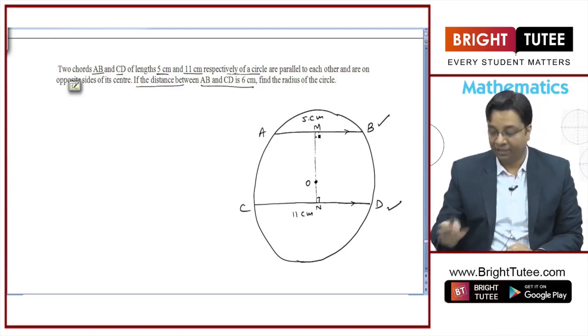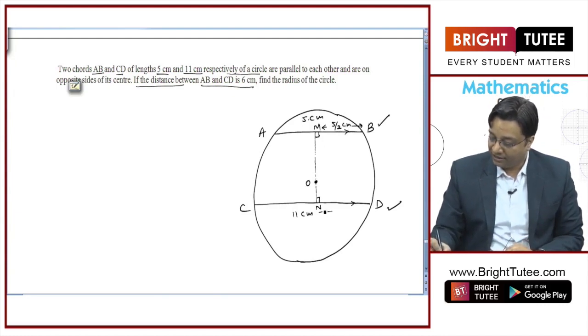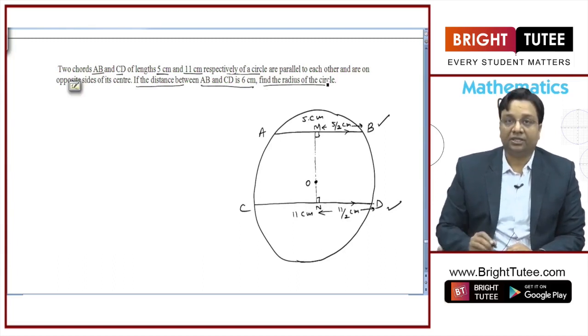OM being the perpendicular on chord AB, it will bisect the chord AB. So this segment MB will be half of AB, that is 5 by 2 centimeter. Similarly, I can say that this segment ND will be 11 by 2 centimeter. Find the radius of the circle.